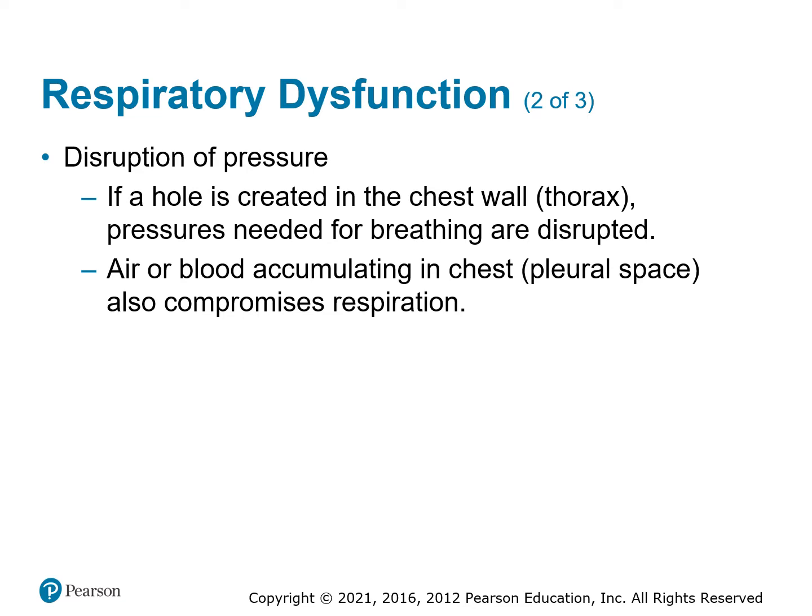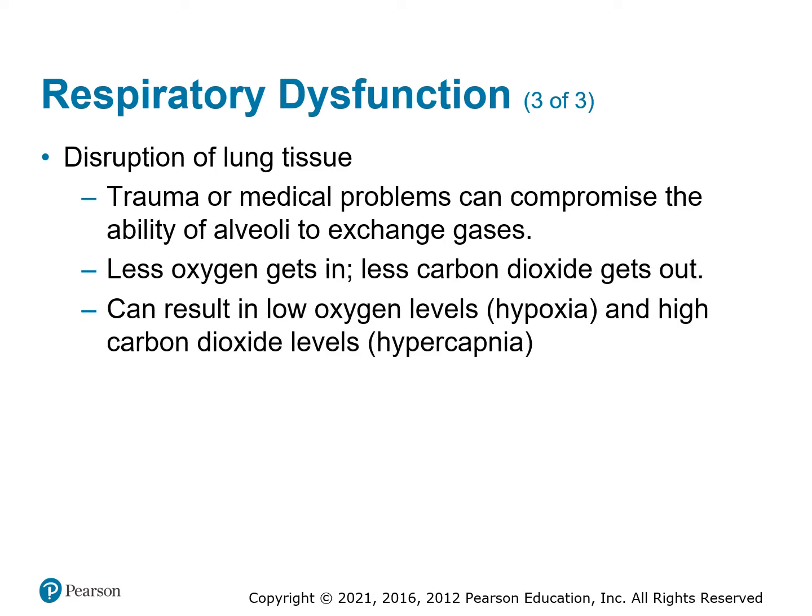As that air accumulates around the lung tissue, it doesn't do gas exchange, it just takes up space. So that creates a decreased tidal volume, which decreases our ability to provide good minute volume.